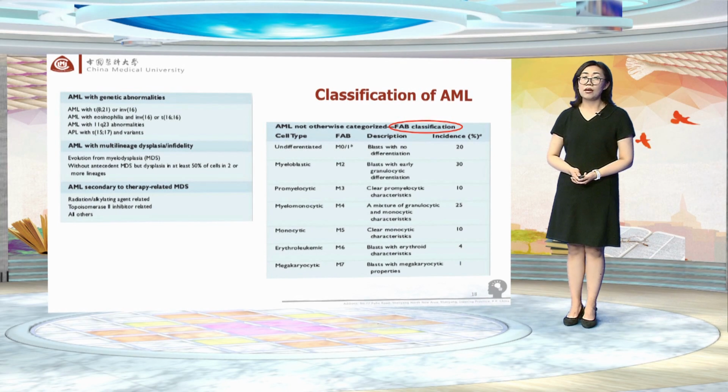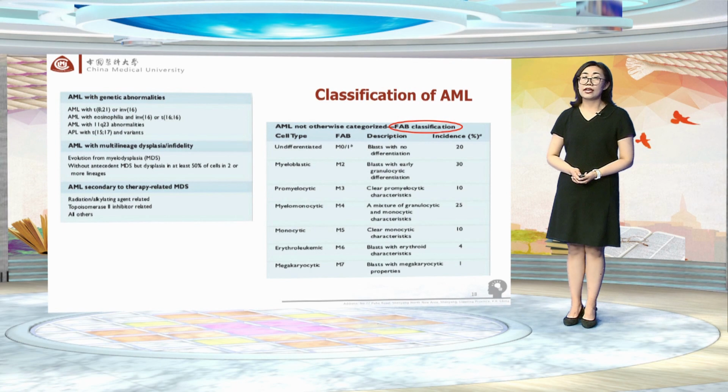According to the MICM, WHO divides AML into 4 broad categories. The first is AML with genetic abnormalities. The second is AML with multilineage dysplasia, with or without evolution from a myelodysplasia, MDS, but dysplasia in at least 50% of cells in 2 or more lineages.